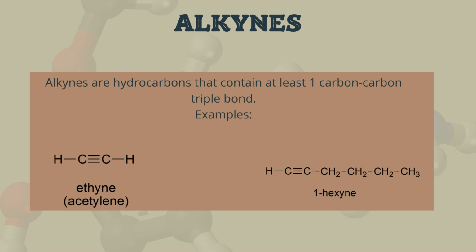Then coming to the alkynes. Now alkynes are unsaturated as well. They contain at least one carbon-carbon triple bond. Now again, they have the general formula CnH2n minus 2 in this case, right?